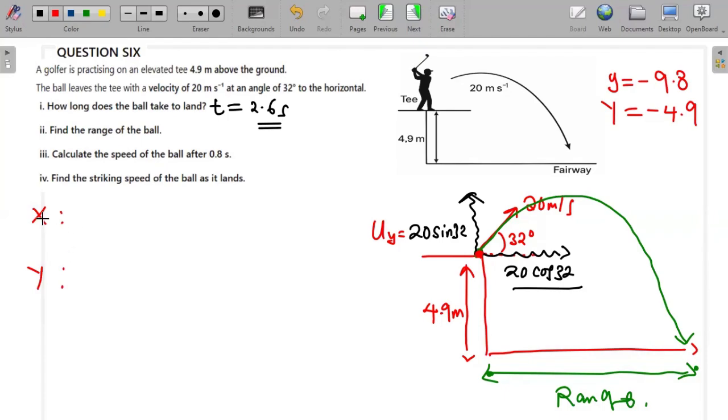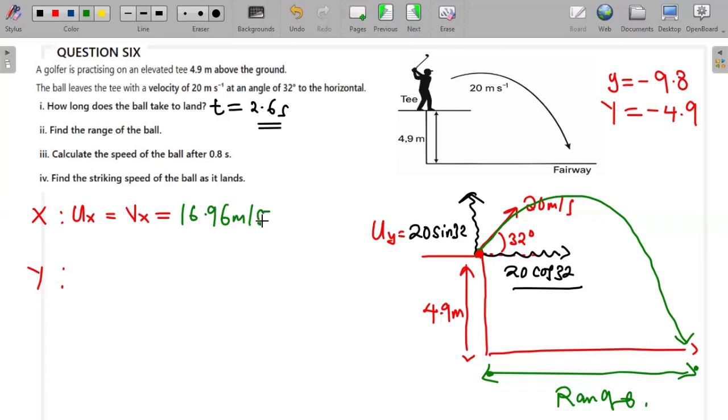So I'm going to say the speed in the x direction and the speed in the y direction. In the x direction, the acceleration is always 0, simply meaning that the initial speed ux is equal to the final speed vx. So it will just be 20 multiplied by cos 32, which gives about 16.96 meters per second.